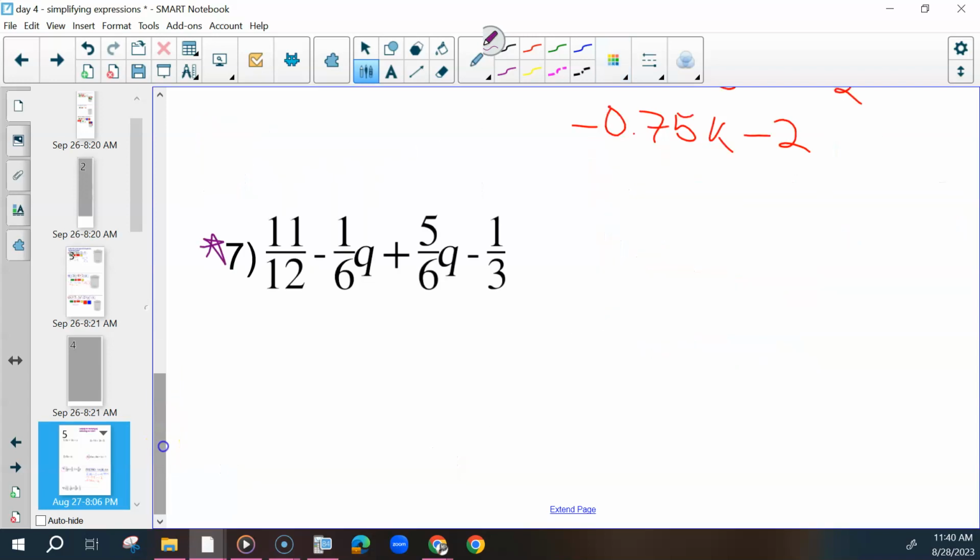Alright, so we're going to do 7. And we want to show our work with our fractions, because we may have to change them, and then I'll show you how to double check in your calculator. What are our like terms here?